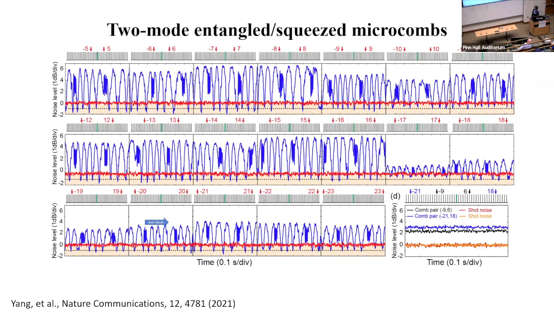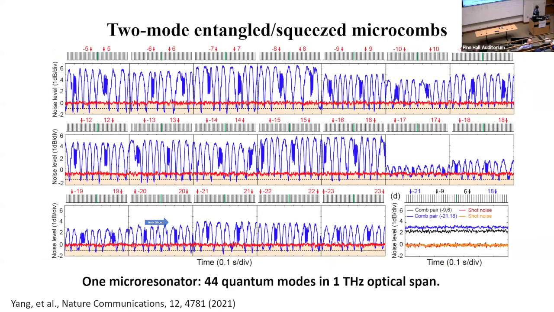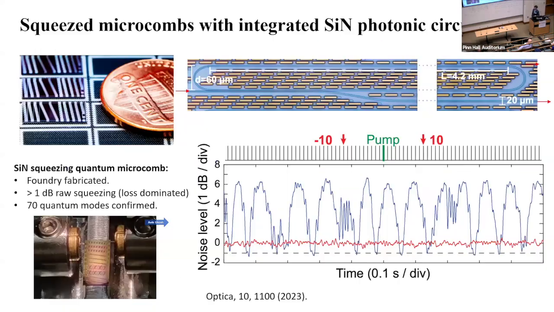The critical part that makes this paper interesting is that we show the concept that Olivier created earlier, that you can use one device and generate many quantum units. In this case, we have one small microresonator, and we measured 44 quantum modes, which is quite impressive.